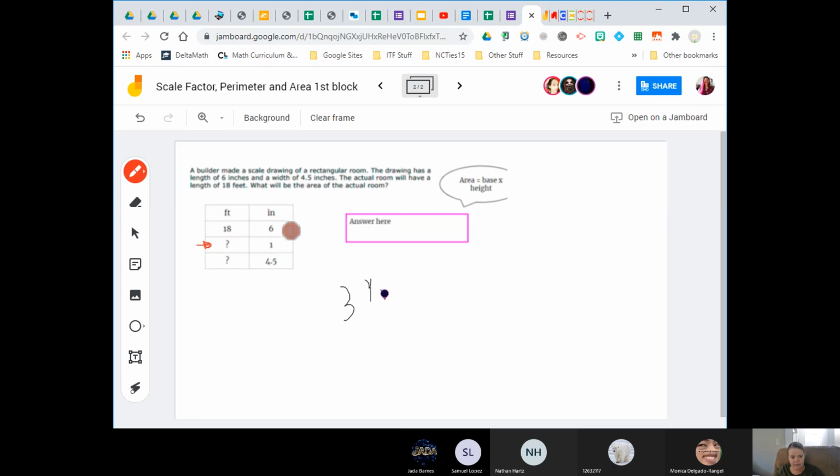And we found that because we know that we have to divide by 6 here, which means we have to divide by 6 here. And 18 divided by 6 is 3. So now how would I figure out how many feet 4.5 inches is? Show me what that would look like. How would I figure out how many feet 4.5 inches is equal to?